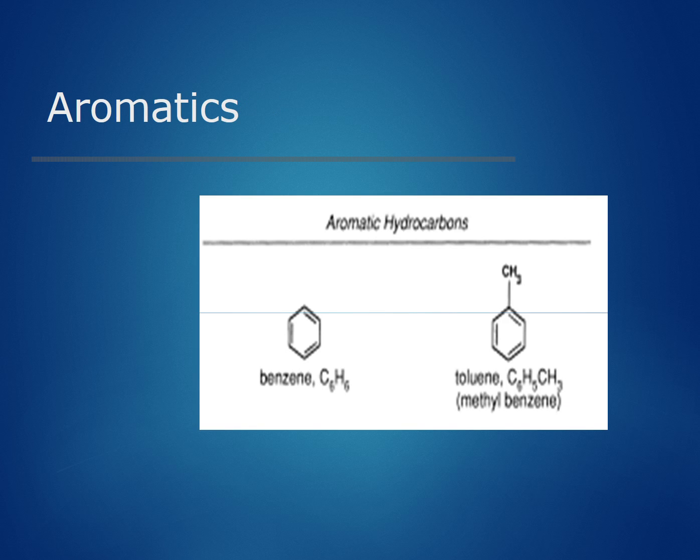Aromatic hydrocarbons are hydrocarbons with sigma bonds between the carbon atoms, forming a ring formation. We see this in benzene, toluene, xylene, and ethylbenzene, just to mention a few.